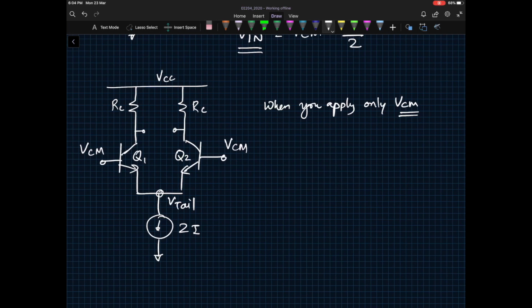So Q1 and Q2 both will carry current I through this resistor, and then our VOP is here, output, and VON is over here.